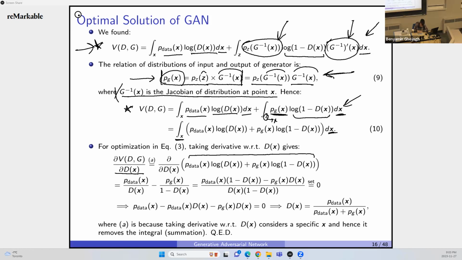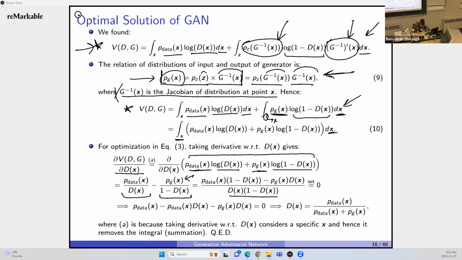Obviously, this is not dependent on D. Log of something, its derivative is the formula of derivative of logarithm. It becomes this. Agree? Also here, I have log of 1 minus D. Its derivative becomes 1 over 1 minus D. I have PG here also.